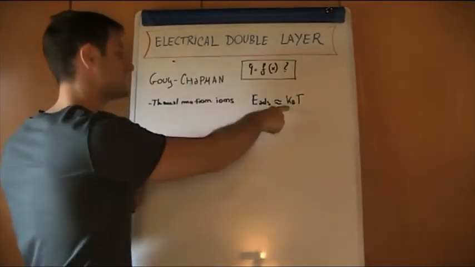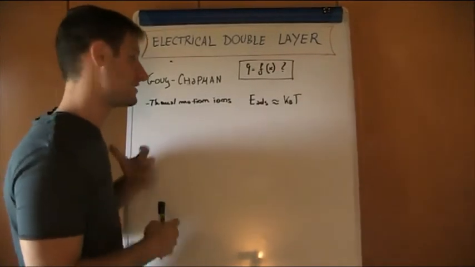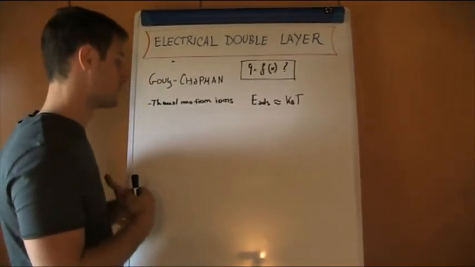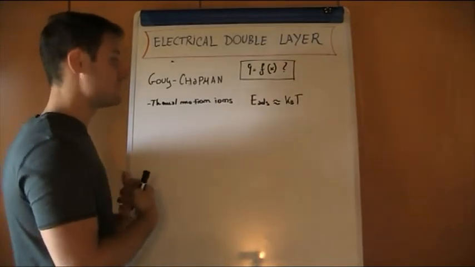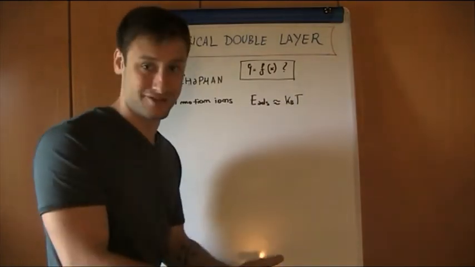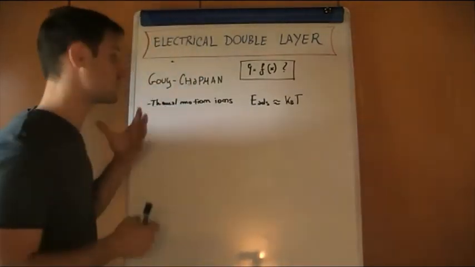But we have even some thermal energy in which these random, statistical movements are able to promote the movement of ions at the same time far away from the electrode. So we have to take into consideration also the presence of thermal energy.